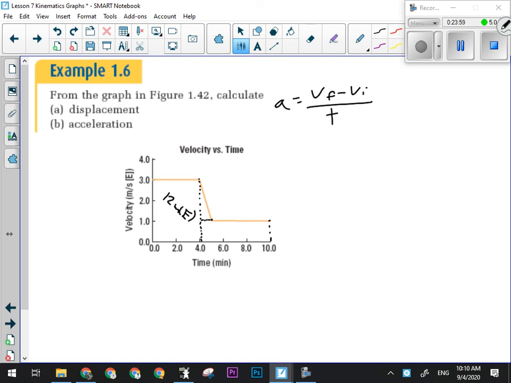The base of the triangle is 1, so this is going to be 1 meter east. All right with that? Then we've got this rectangle at the bottom. The height of it is 1 and the base of it is 6, so this will be 6 meters east. So we got 19 meters east, I think.